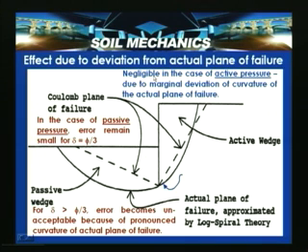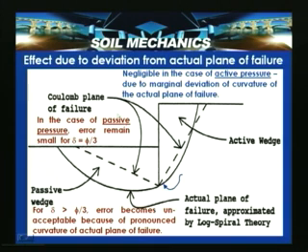The error is negligible in the case of active pressure due to the marginal deviation from the curvature of the actual plane of failure, so that is negligible as far as the active state is concerned.